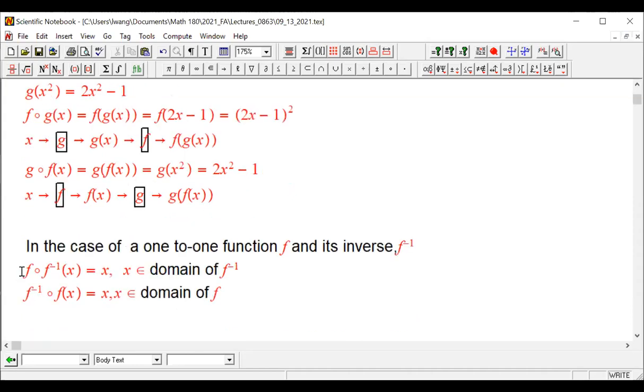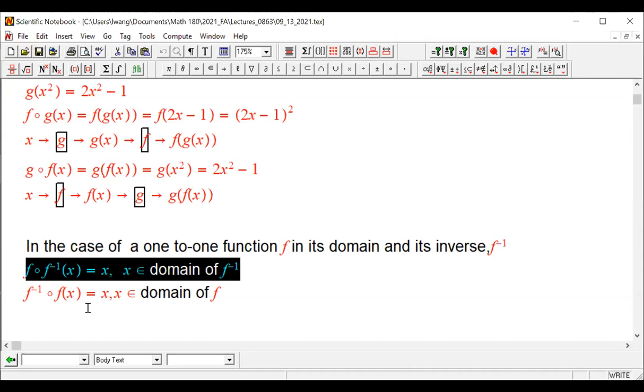Now let's come back to our inverse function idea. If the function f is one-to-one in its domain, and its inverse is f inverse, this is always true.